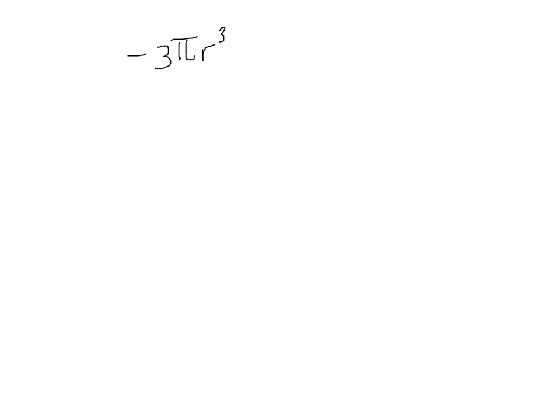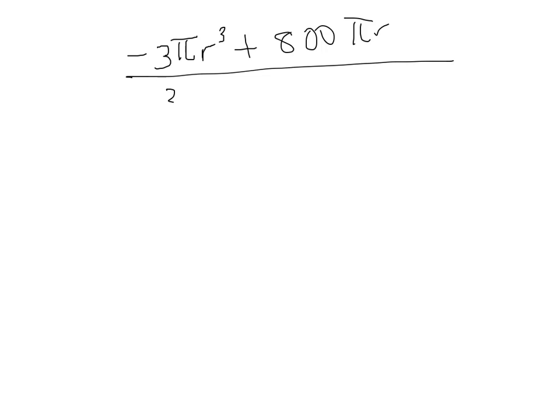I need to go back to the last slide, this is really annoying. Plus 800 pi r divided by that bottom line, which is 3 root 400 minus r squared. So this is, reminding you, dV by dr.